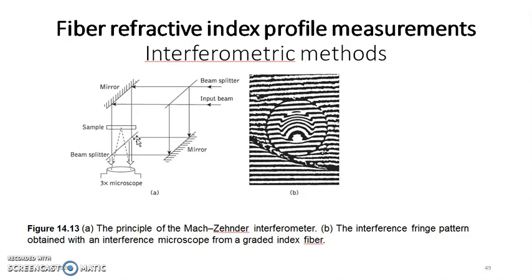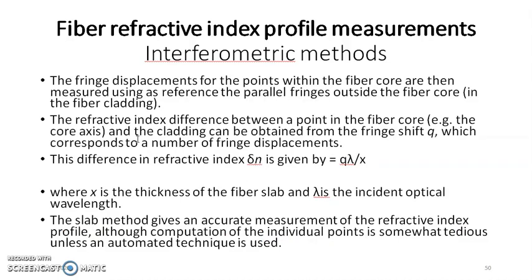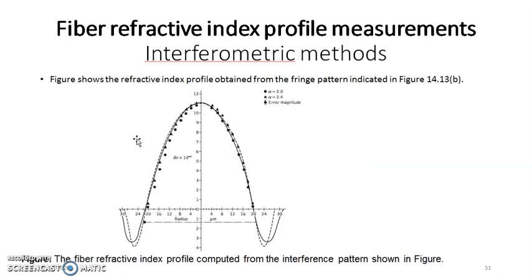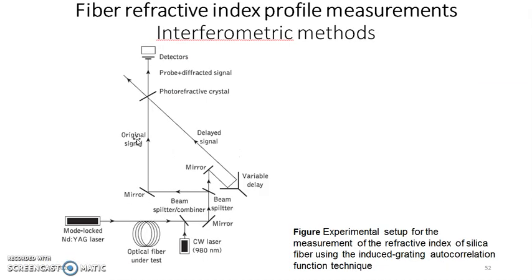So we can calculate the refractive index difference using the wavelength and the thickness of the fiber slab. This is the refractive index profile obtained from the interference pattern, because of the delay from the mirrors.